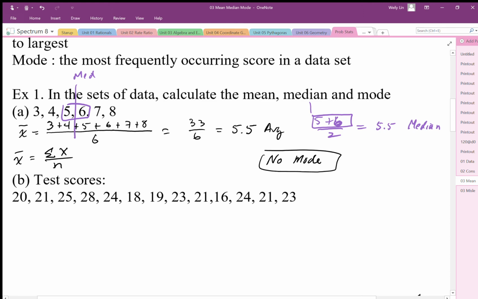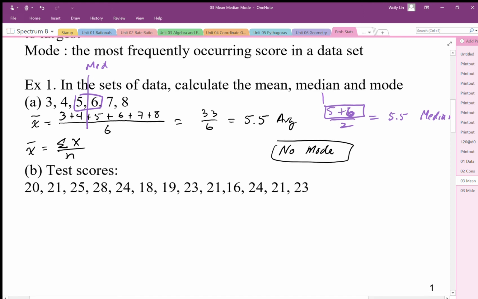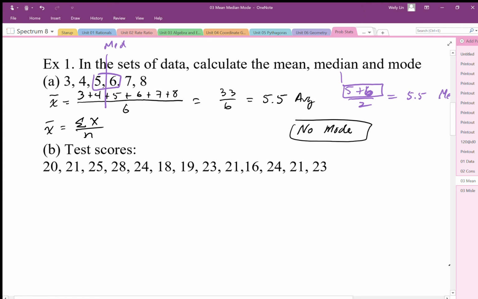All right, let's take a look at these test scores here. There's a whole whack of them. To find the average, we're going to add them all up. We take the sum of all the scores and divide by the number of scores: 1, 2, 3, 4, 5, 6, 7, 8, 9, 10, 11, 12, 13. So we divide by 13.